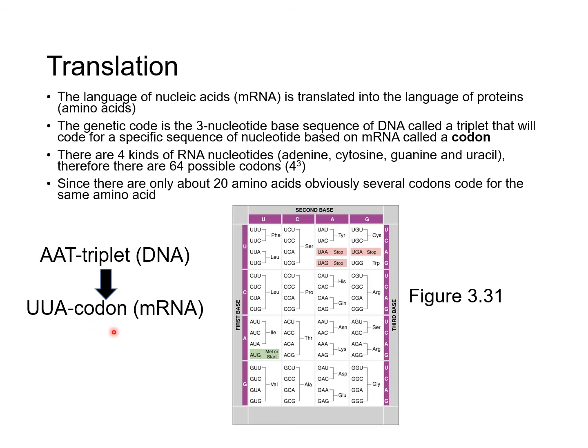This codon on the messenger RNA, if we look over here, UUA, then codes for a specific amino acid, which in this case is leucine. So this is how the DNA provides the genetic code for each amino acid that's going to be formed in the production of a polypeptide chain.